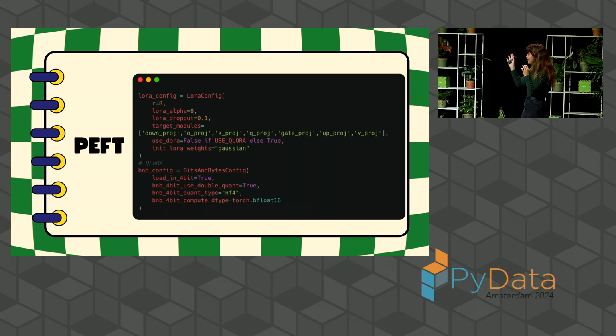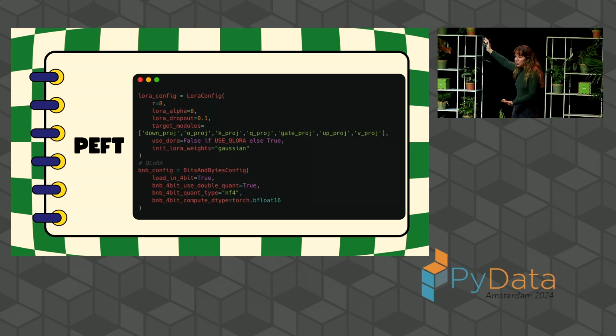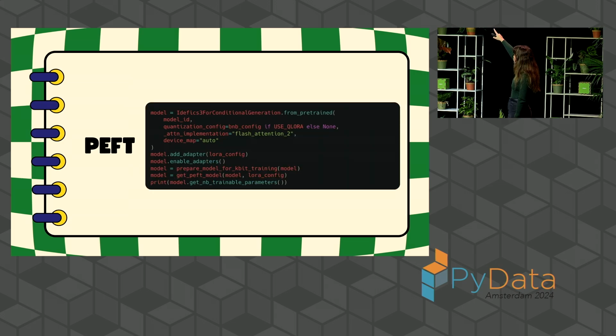LoRA is handled like this. You initialize a LoRA config. These often are not as custom as you think they are. You can just go with what most people have tried. And initialize the BitsAndBytes config if you are doing QLoRA. And just initialize the model like you would with Transformers, only passing in quantization config.